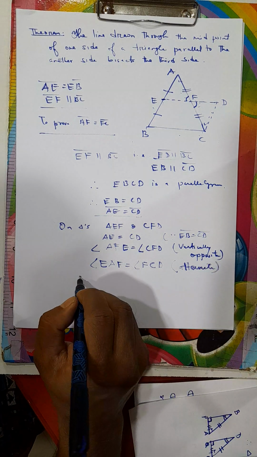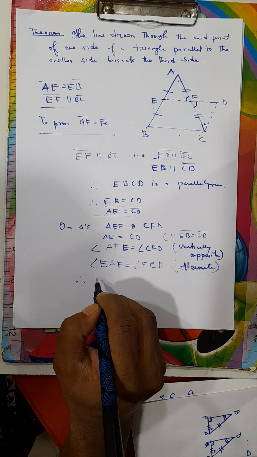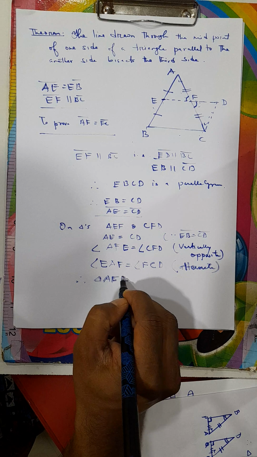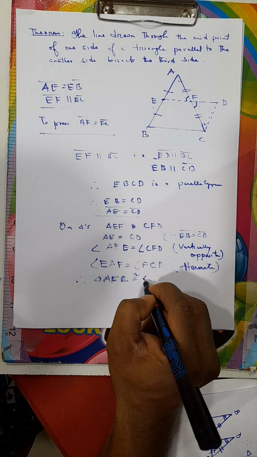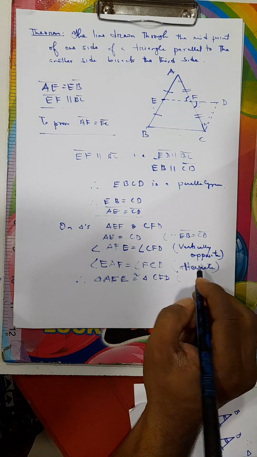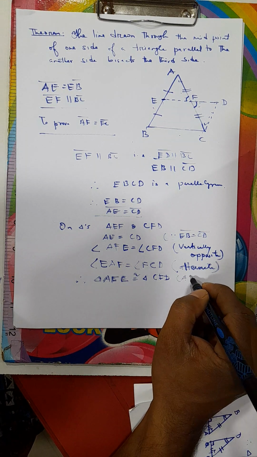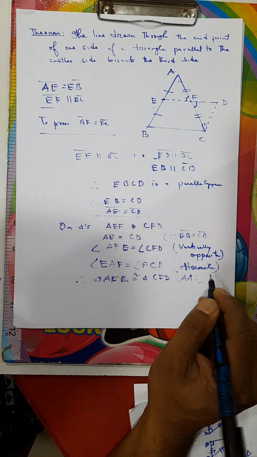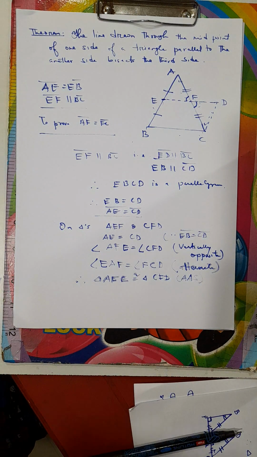Alternate angle. Therefore, what we find? Triangle AFE congruent to triangle CFD by AAS criteria. Right? By AAS criteria, these two triangles are congruent.